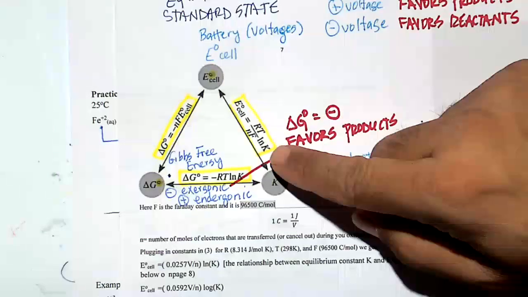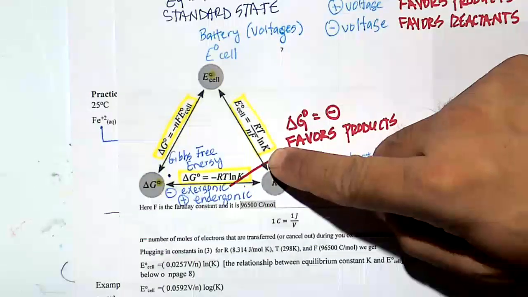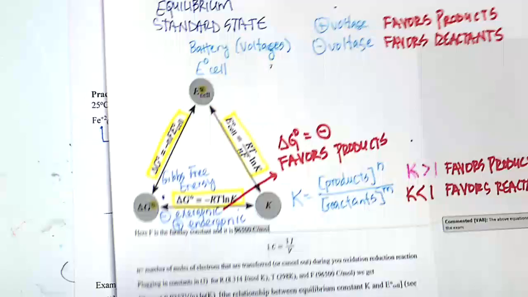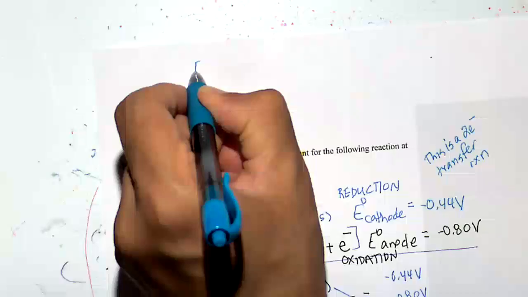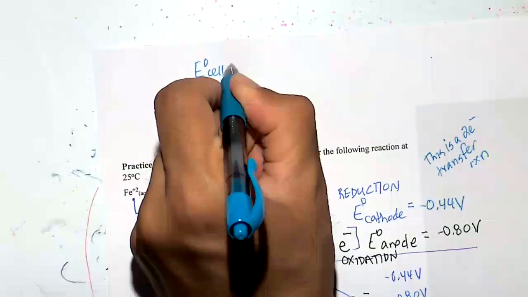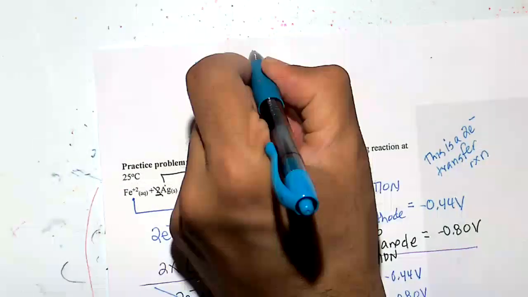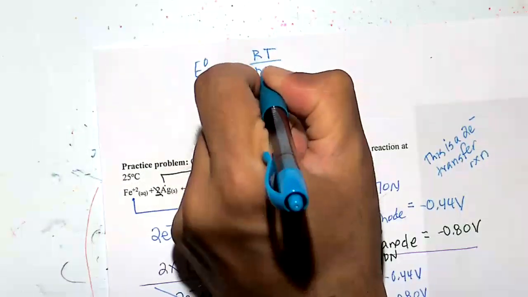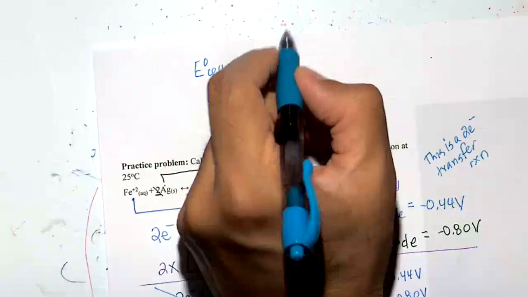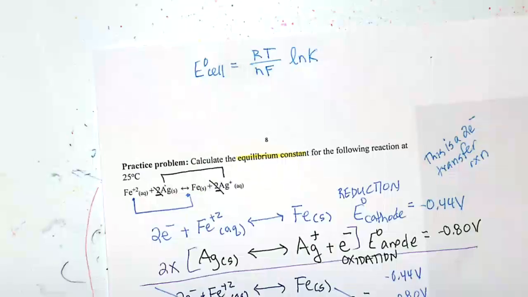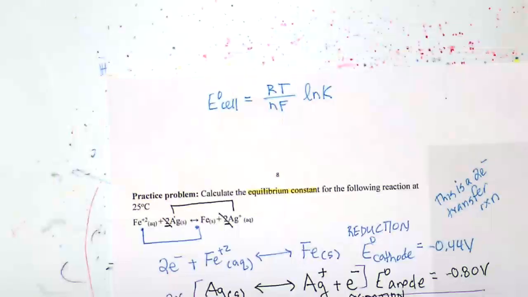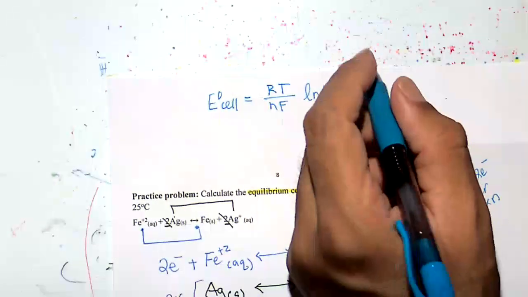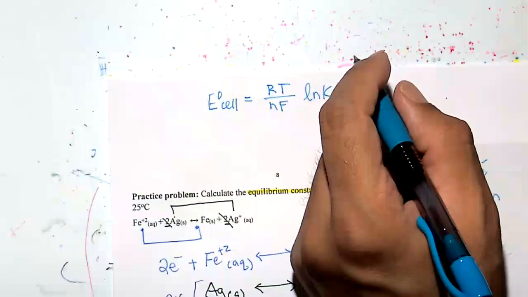But we're going to use this equation to get K. And let me write that down. Our first constant, I'll give this to you on the exam.